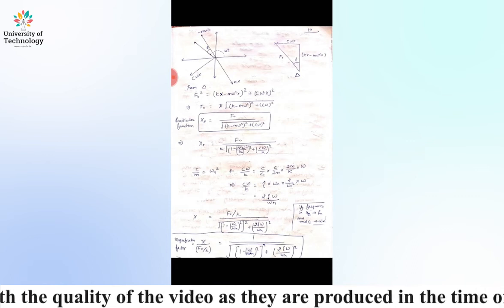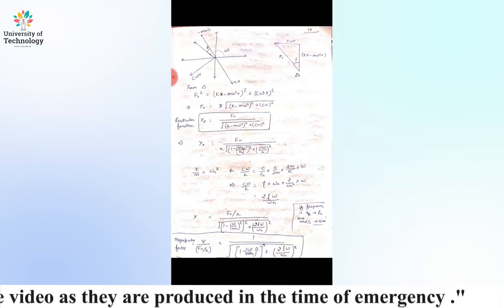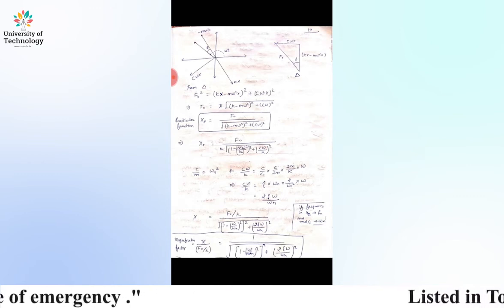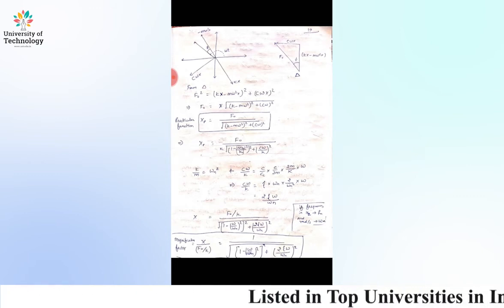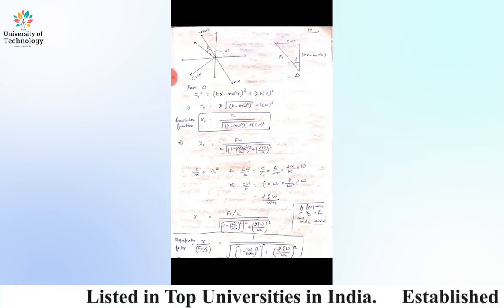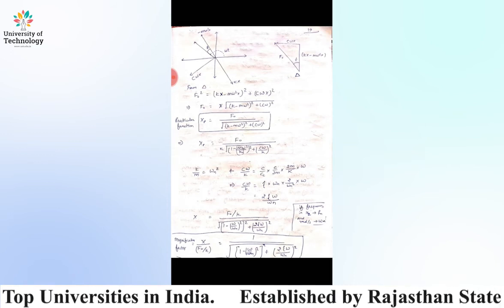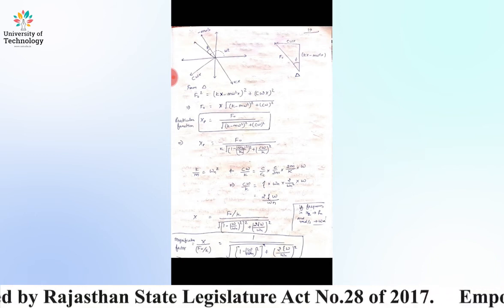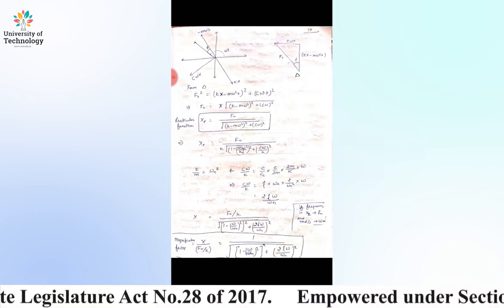By putting the values of c omega by k and k by m in the equation of the particular function, we get the value of X is equal to F naught by k upon root of (1 minus (omega by omega n) whole square) whole square plus (2 zeta omega by omega n) whole square.